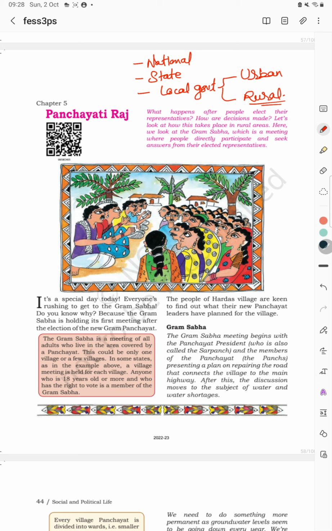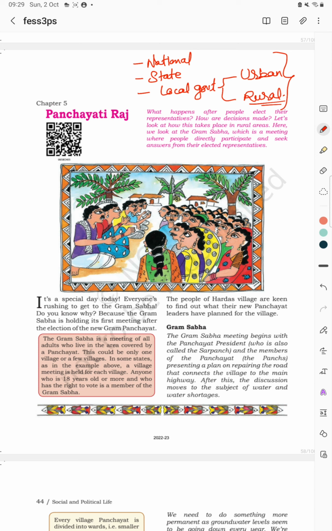Basically the representatives of the people in these governments are elected by the people in elections which are held at regular intervals, generally 5 years in the case of India, for the national election, for the state election, and for the local government elections. Elections happen after every 5 years.